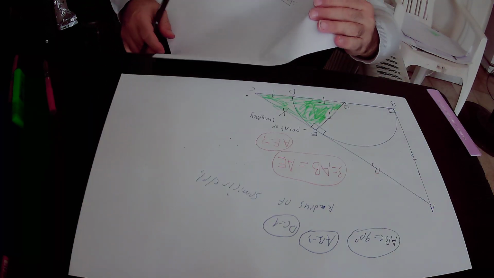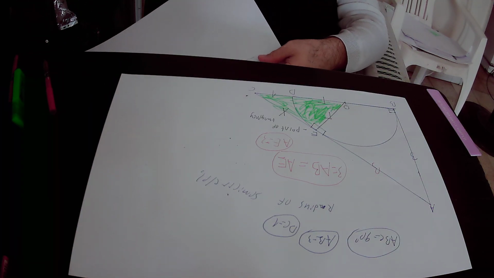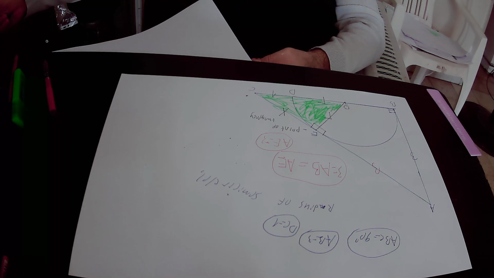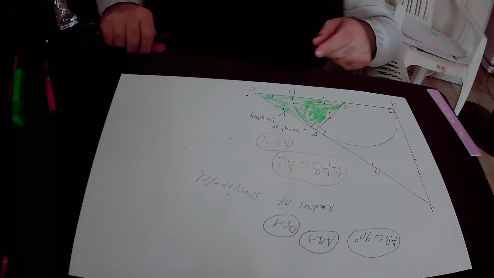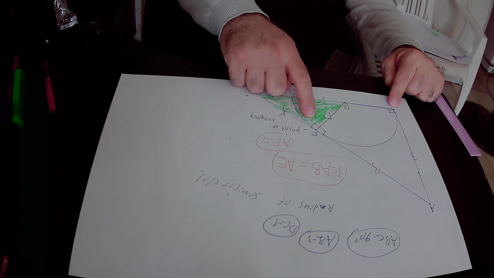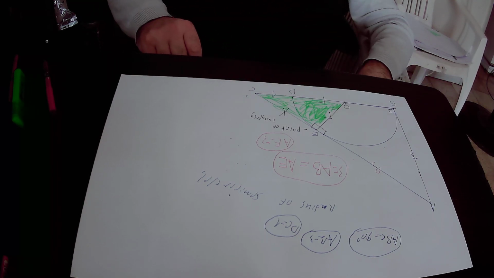Okay, so on those two triangles, those two angles are equal to each other. They are both right angles. So I will write it down.